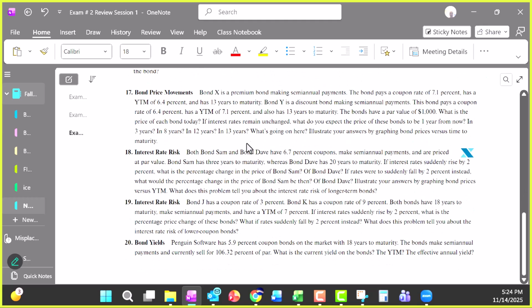This is basically mostly about interest rate risk of different kinds of bonds.